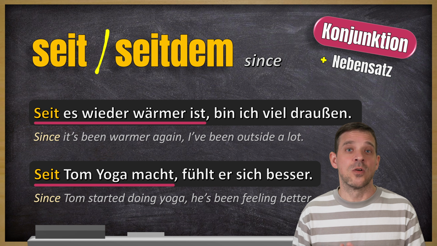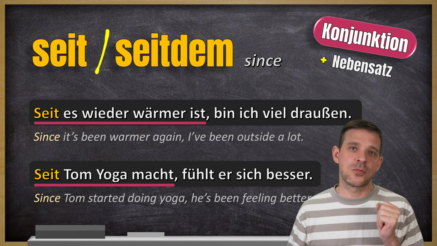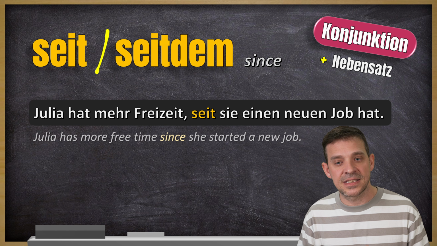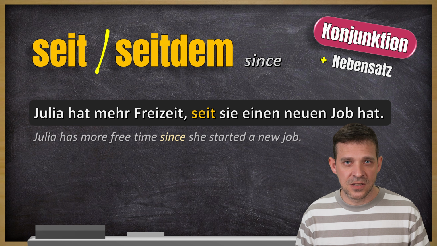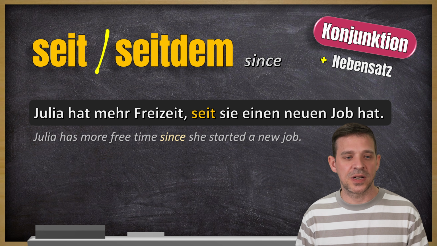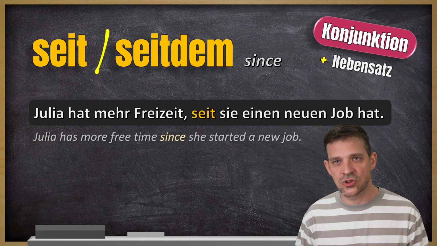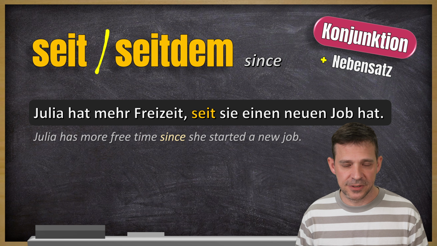But of course you can also start with the main clause, like for example here, Julia hat mehr Freizeit, seit sie einen neuen Job hat. Julia has more free time since she started a new job, or literally since she has a new job.